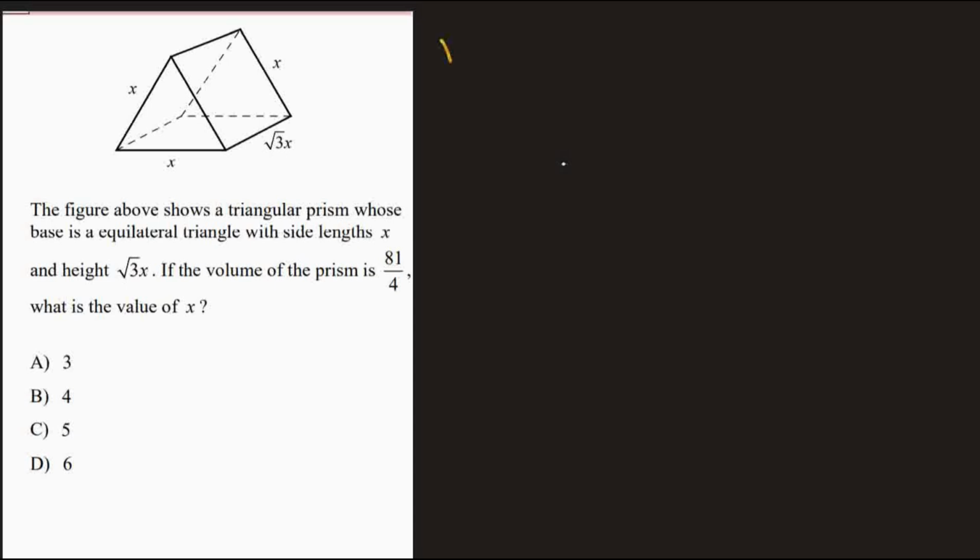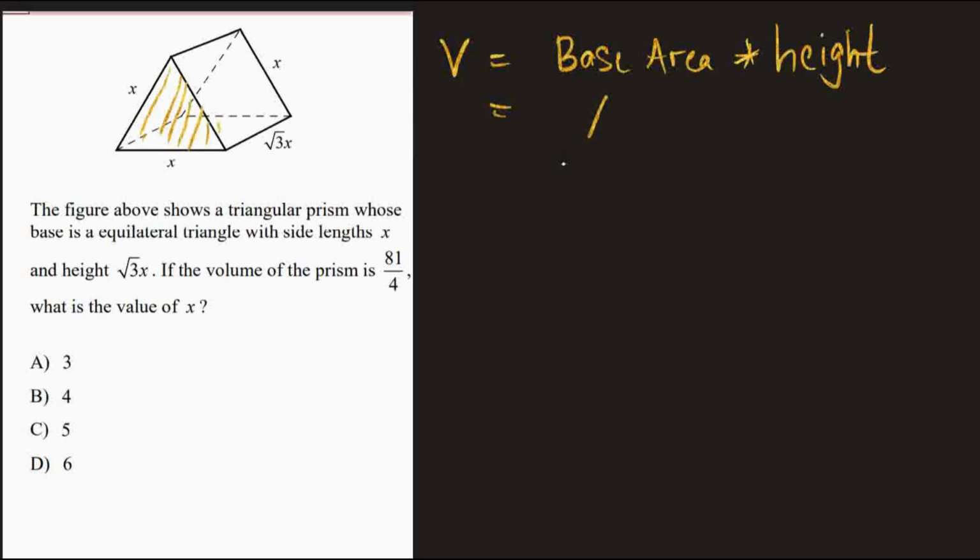Now again, the volume of a prism, the volume of any 3D shape, is base area, or I write it as BA, times the height. Now the base area, in this case, is the area of this triangle, times the height, in this case square root of 3 times x.